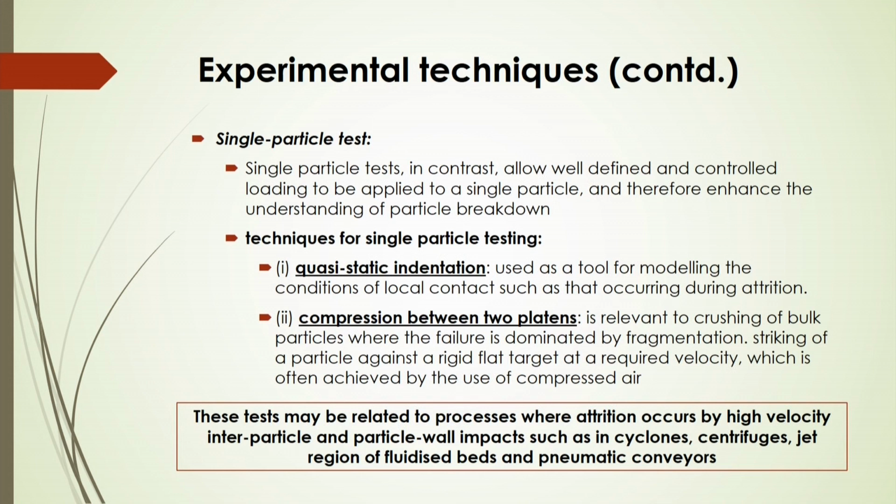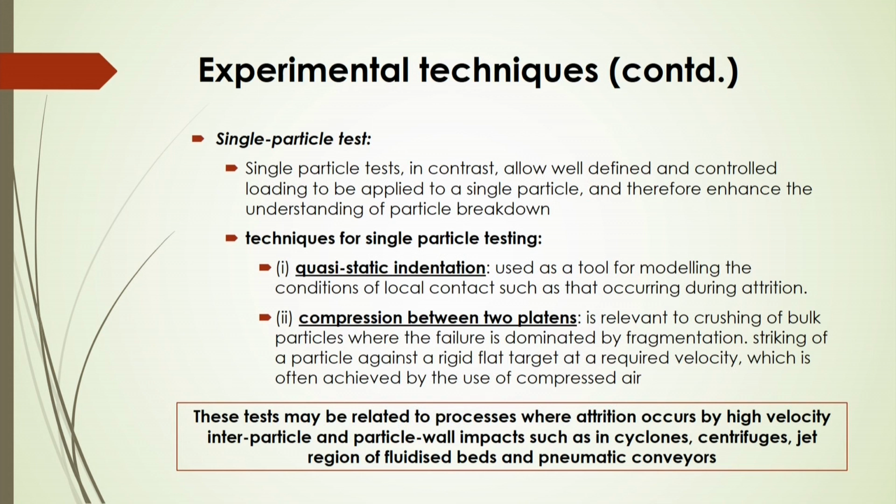And compression between two platens is relevant to the crushing of bulk particles, where the failure is dominated by fragmentation, and striking of the particles against a rigid flat target at a required velocity, which is often achieved by the use of compressed air.